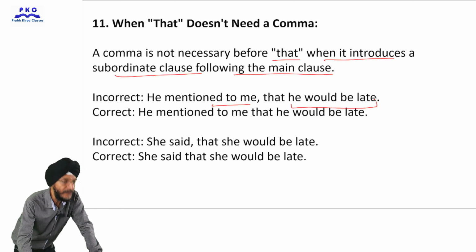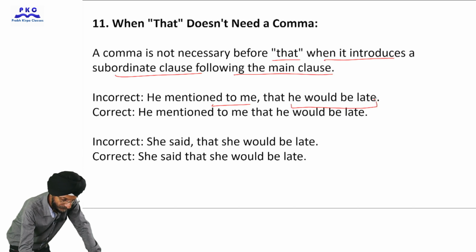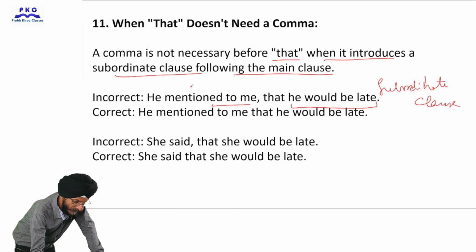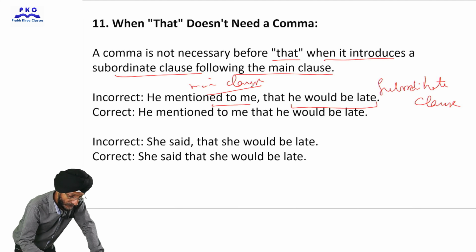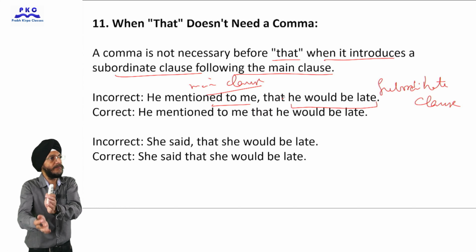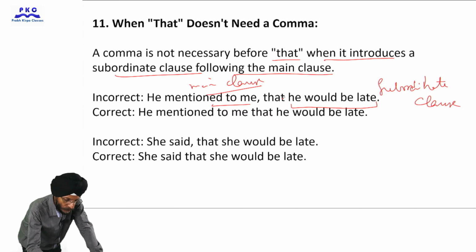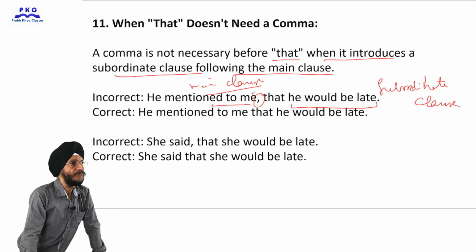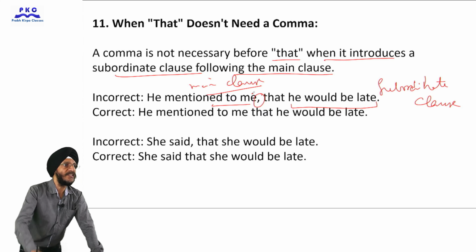He would be late is a subordinate clause. He mentioned to me is the main clause. After the main clause comes that, and after that comes the subordinate clause, and we should not put a comma before that when it is introducing a subordinate clause.